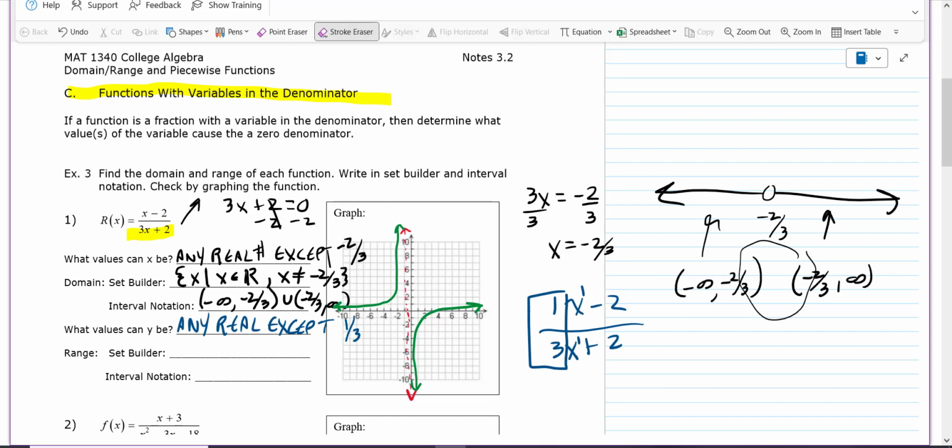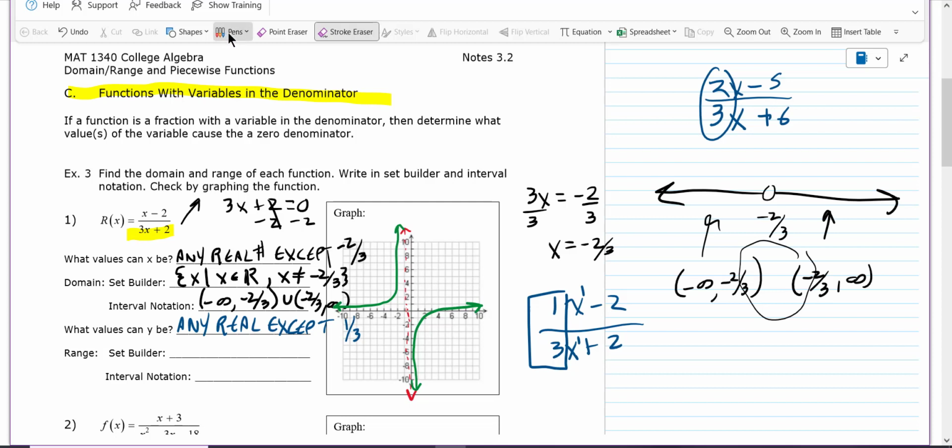Okay? That's what we call a horizontal asymptote. You don't need to know that yet, but that's where that comes from. So if you had a problem like 2x minus 5 over 3x plus 6, then y would never be 2/3. It never would. It's impossible mathematically for that to happen.